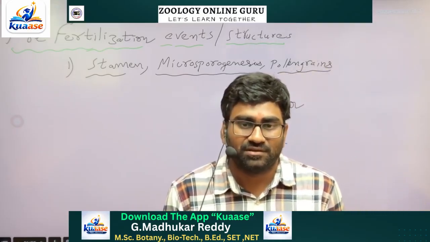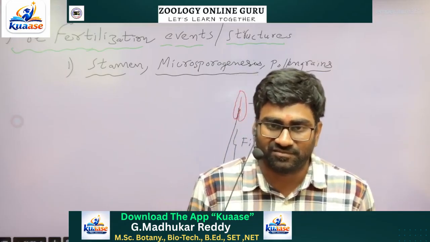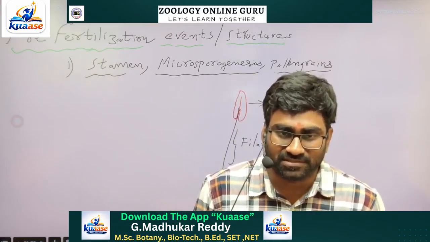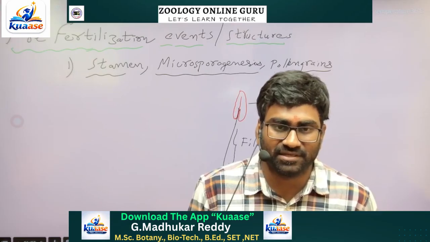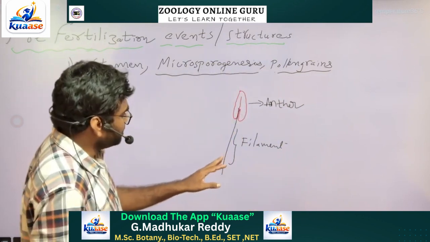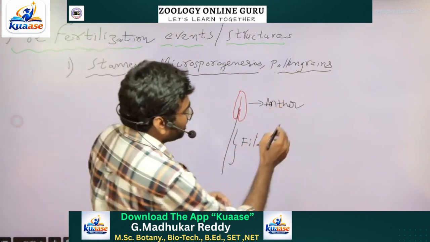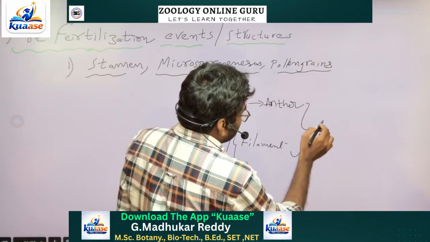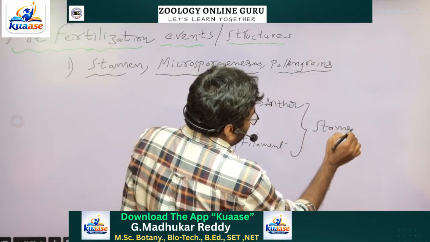Androecium is one of the important parts of the flower that usually represents the male part. Here it is the male representative of the flower, and it consists of filament and anther. Together, filament and anther are known as the stamen.